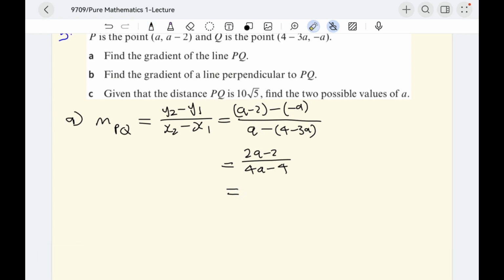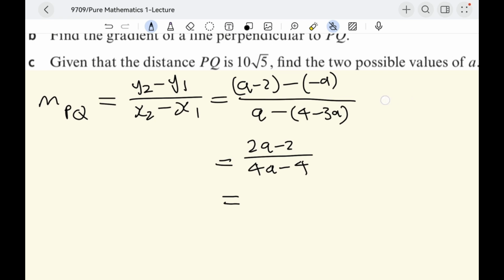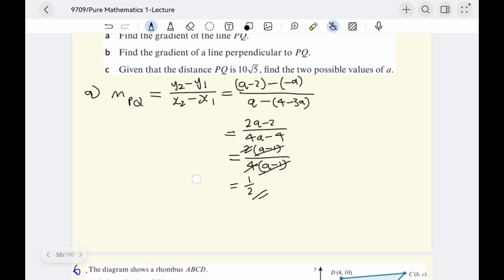You will see that there is a common factor of a minus 1 after you factorize. The numerator is 2 times (a minus 1) and the denominator is 4 times (a minus 1). These are common factors, so cancel them out, as well as the 2 and 4. Eventually you will get 1 over 2 as the gradient of PQ.